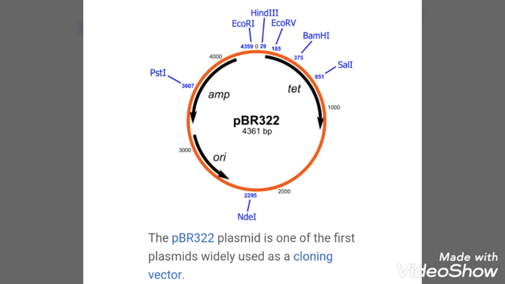There are some sites, for example EcoRI, HindIII, EcoRV, like that. Inside the circle are AMP (ampicillin), TET, and ORI sites. You have to indicate these sites and write AMP as the ampicillin resistance site, ORI as the origin site, and so on. An ideal plasmid or vector is composed with these characters.